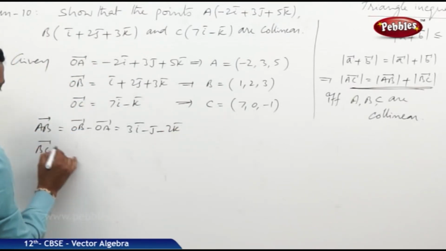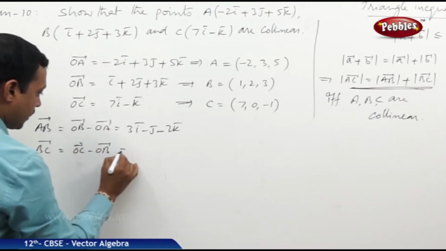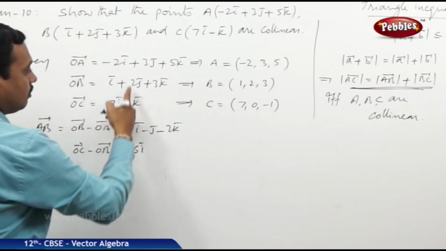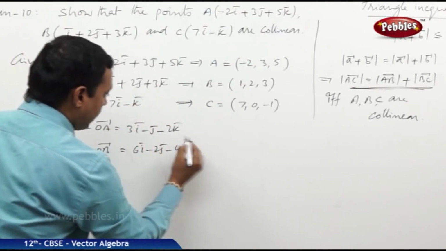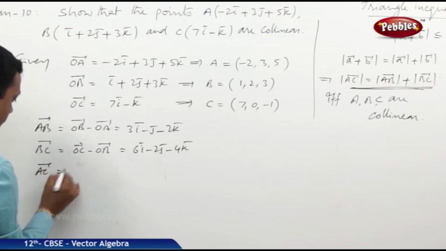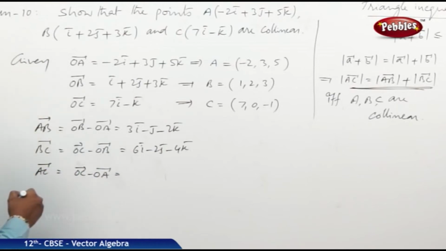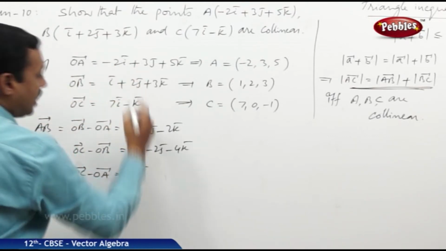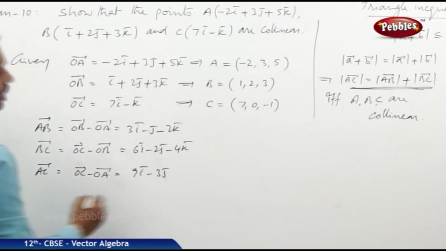Next, BC vector is equal to OC minus OB: 7i minus i, 6i, minus 2j, minus k minus 3k, minus 4k. And AC vector is equal to OC minus OA: 7i plus 2i, 9i, minus 3j, minus k minus 5k, minus 6k.